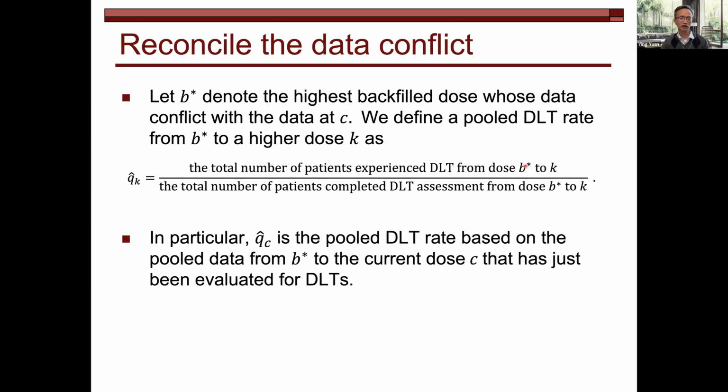And B star means the highest backfill dose whose data conflicts with the data at the current dose C, okay? So we pool the data where conflict happens up to a dose level K, and we calculate the DLT rate. In particular, if K equals C, that means we're going to pool the data from the backfill dose all the way up to the dose escalation dose.